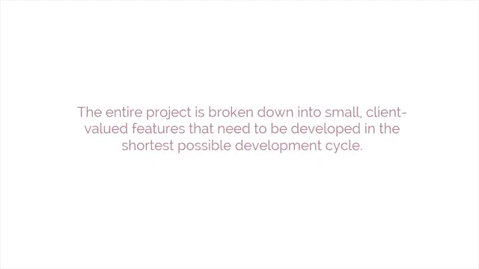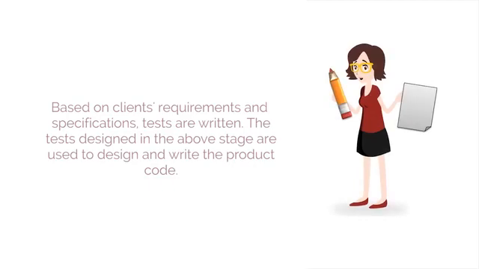The entire project is broken down into small, client-valued features that need to be developed in the shortest possible development cycle. Based on clients' requirements and specifications, tests are written. The tests designed in the above stage are used to design and write the product code.